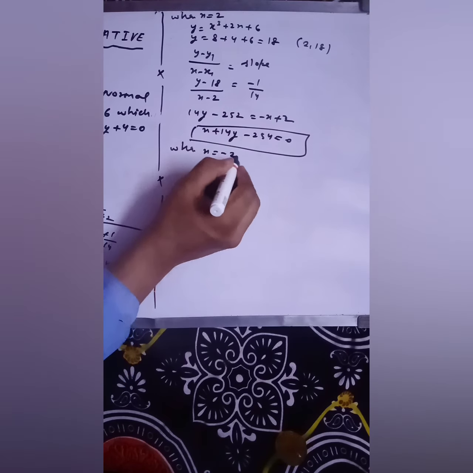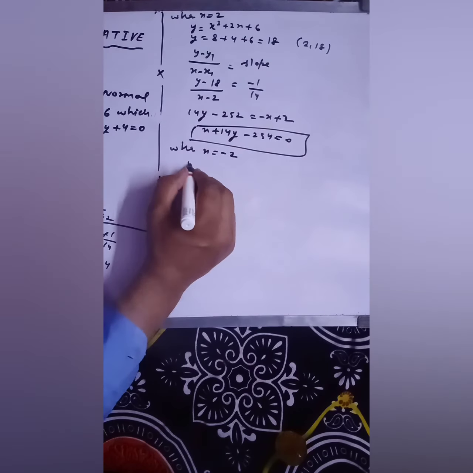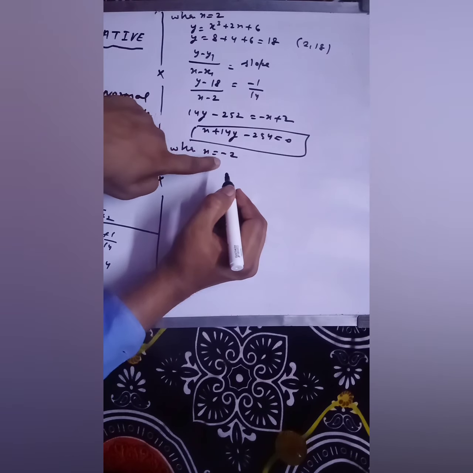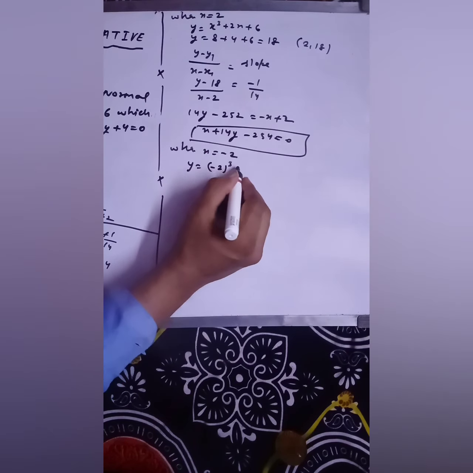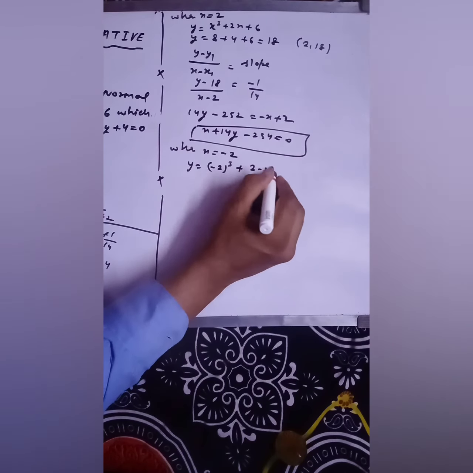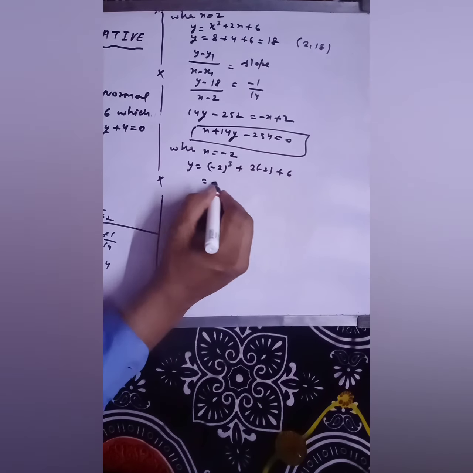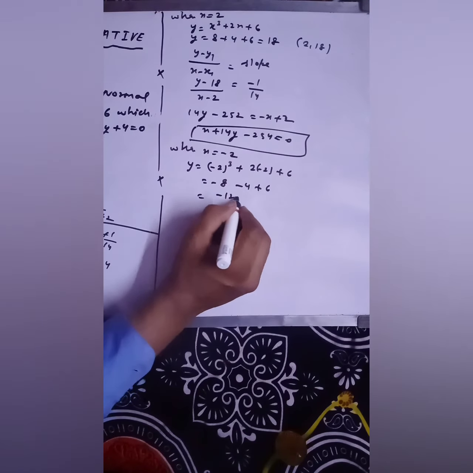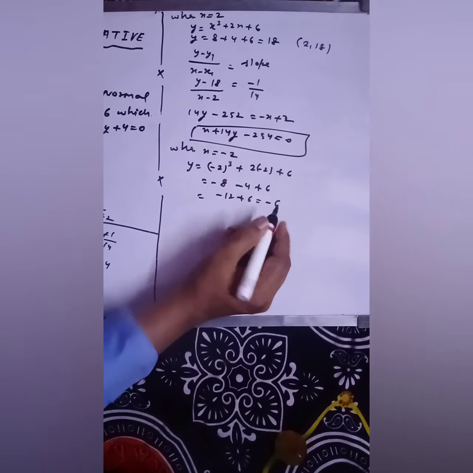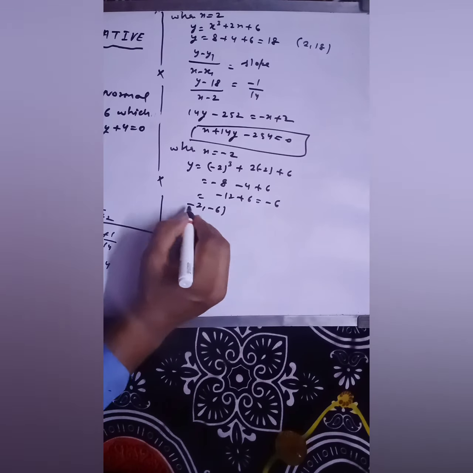And when your x equals minus 2, again put it in the equation y equals x cube plus 2x plus 6. You will write this plus 2 into minus 2 plus 6. This would be minus 8 minus 4 plus 6. So minus 12 plus 6, and you will get minus 6. So your point is minus 2 comma minus 6.